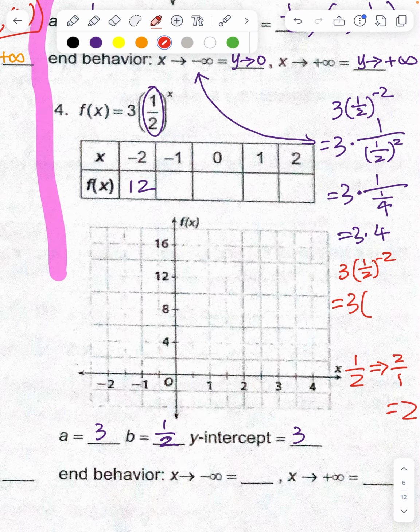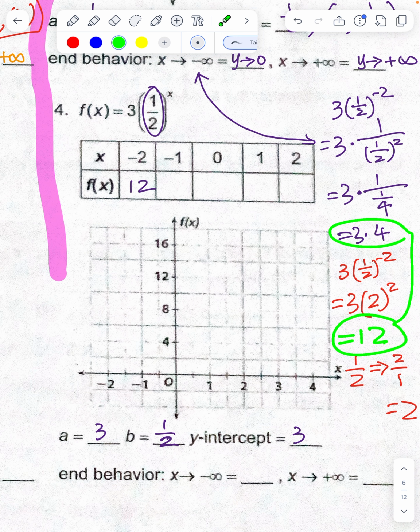So I can change the power to positive. 2 squared is 4. 4 times 3 is 12. I got the same answer, 12.